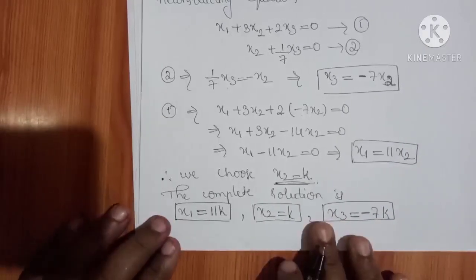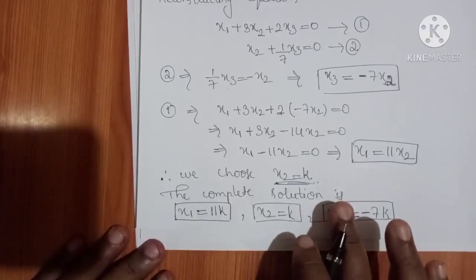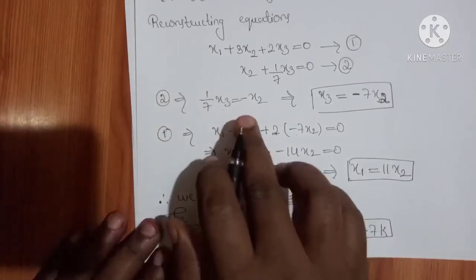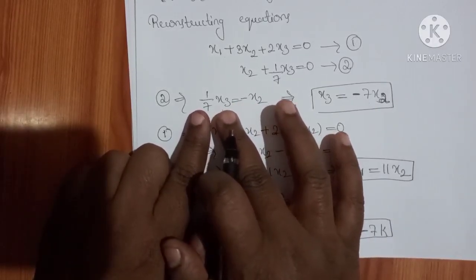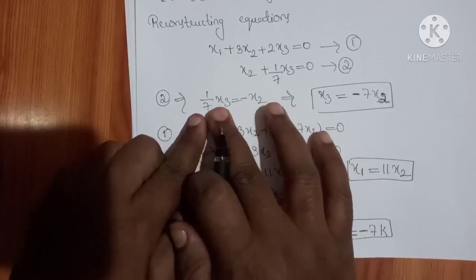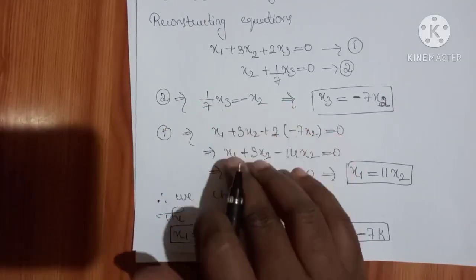So this is one set of solution. If you want to represent x2 in terms of x3, you will get minus 1 by 7 into x3. So there you will get a different set of solution.